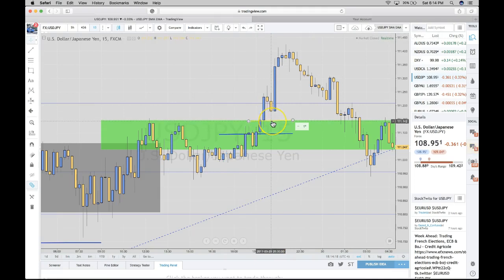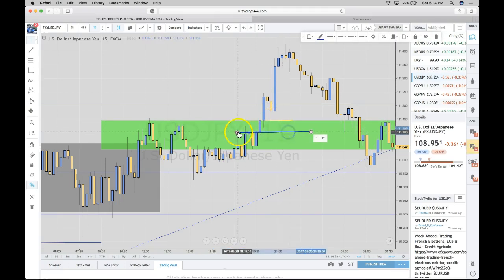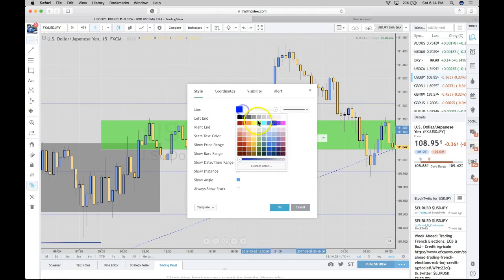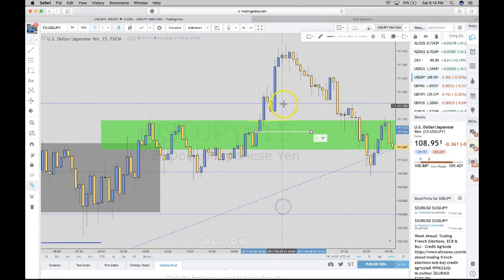This right here was the 30-minute entry. And right here at the close of this candle on the 15-minute time frame could have been an entry off the 15-minute chart. So as you can see, your entry is better based off the time frame that you actually enter on. It's 4 pips better.